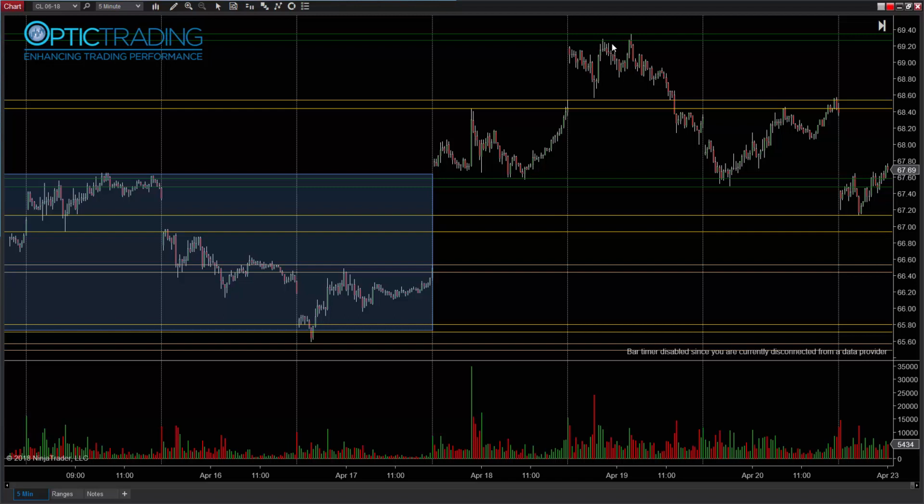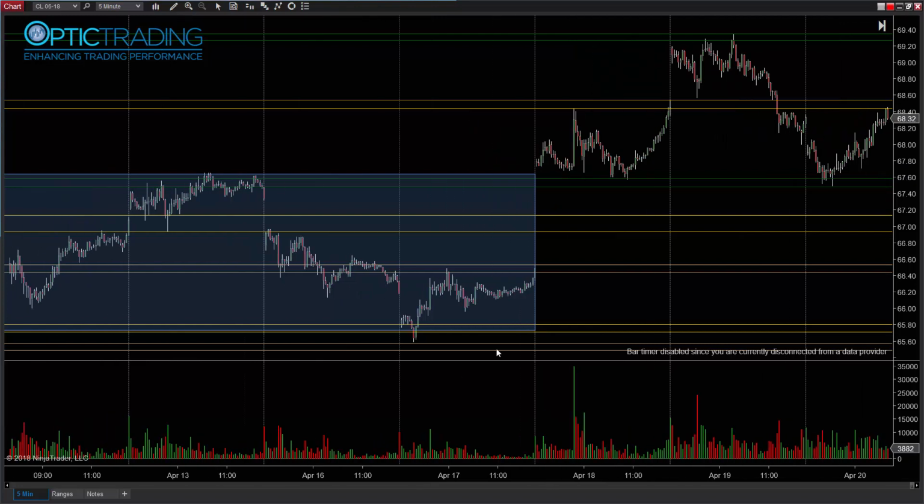We had some absorption at this high, pulled back, tried to test it again, and buyers actually exhausted. Then this swing down here was the largest down volume of the day, and price actually moved into the previous day's range. When I saw this paired with the balance area after the breakout, I started thinking, okay, maybe these buyers aren't as strong as I thought.